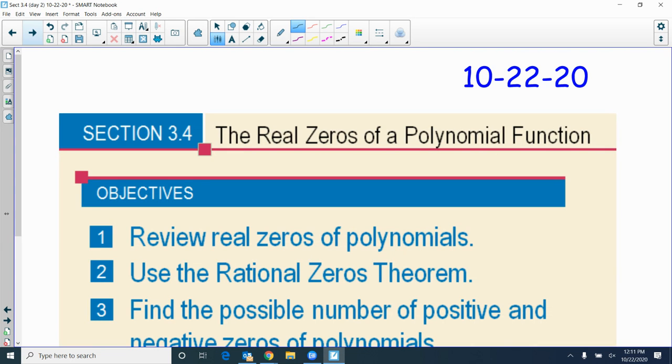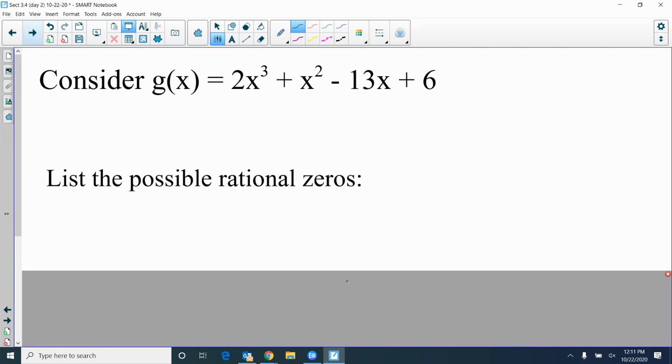All right, we need to, like I said, finish up section 3-4 here. Write this one down. List the possible zeros. They're actually going to be the same as the one we just did. So go ahead and list those, but don't start trying anything yet.